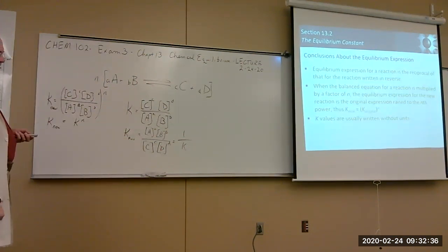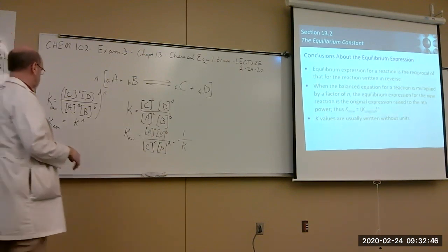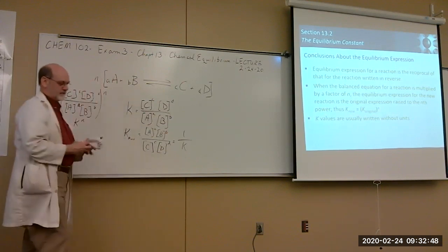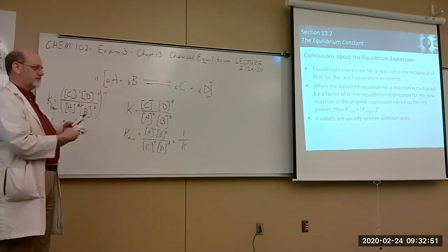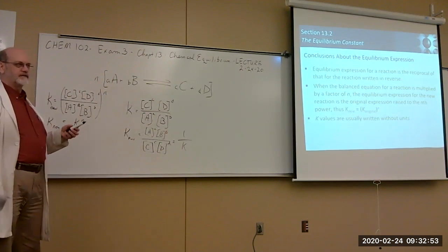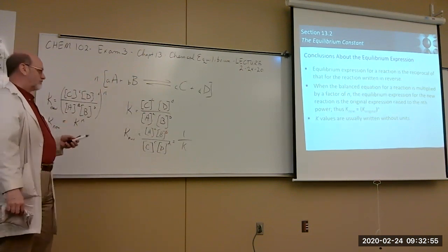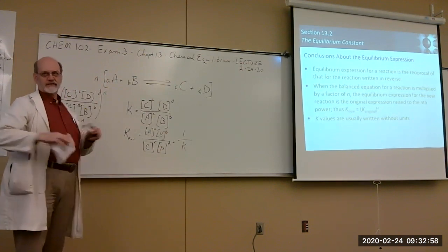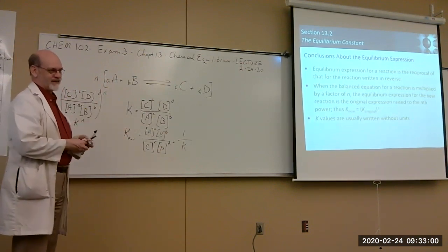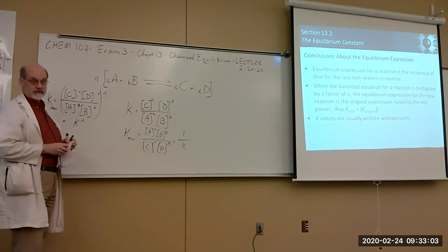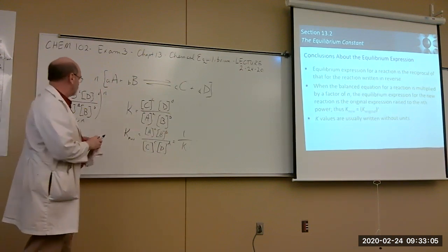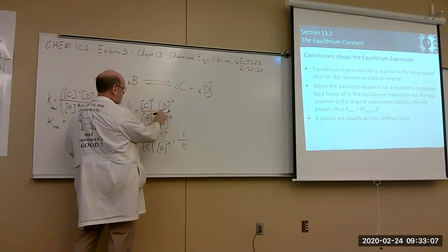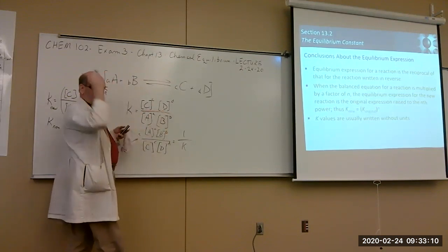Now, the last bit of information that's important is K values are usually written without units. Any idea why? Is there some magical universal law that says you can't write these with units? That's against the law. It's convenient. Look at what would happen. If this is molarity, that's molarity, all these are molarity.